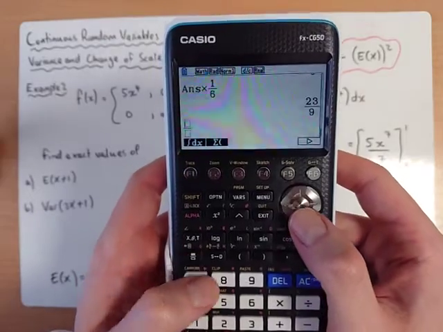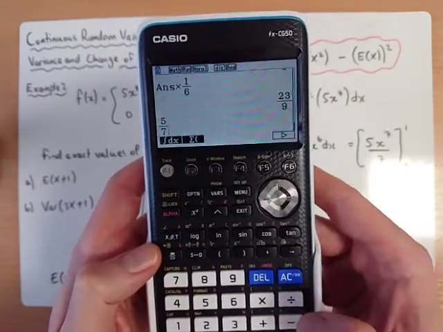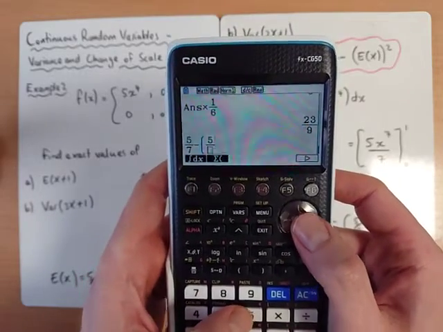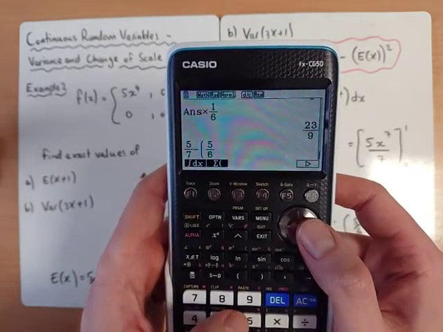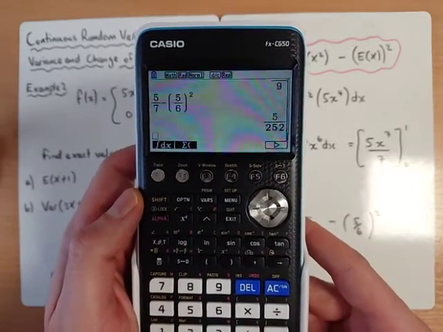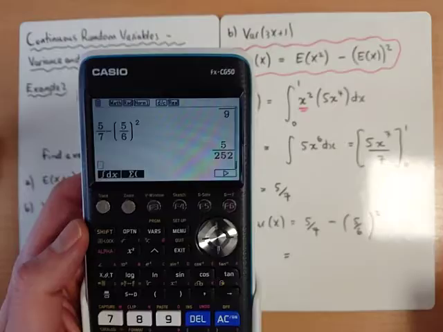So if we do 5 over 7 minus 5 over 6 squared, that gives me 5 over 252.